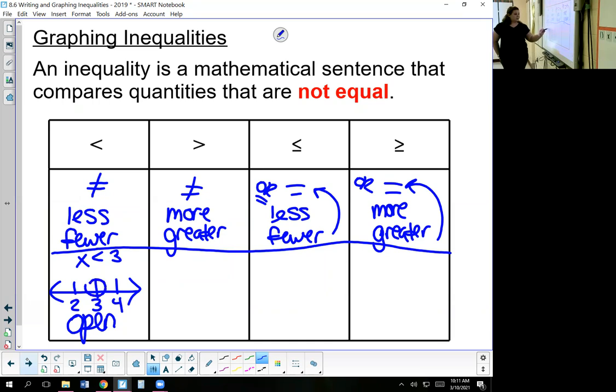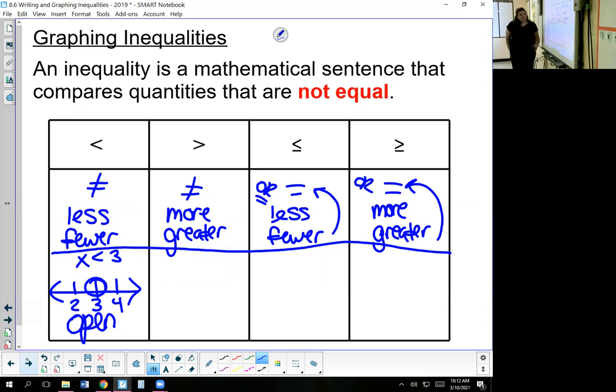This circle would be open at 3 because I'm not allowed to include 3. Think about it. I'm allowed to walk all the way up to that number, but I'm not allowed to step on it. So think of that as being like an open manhole, the metal thing on the ground where they go underneath the ground. I'm not allowed to step on 3.